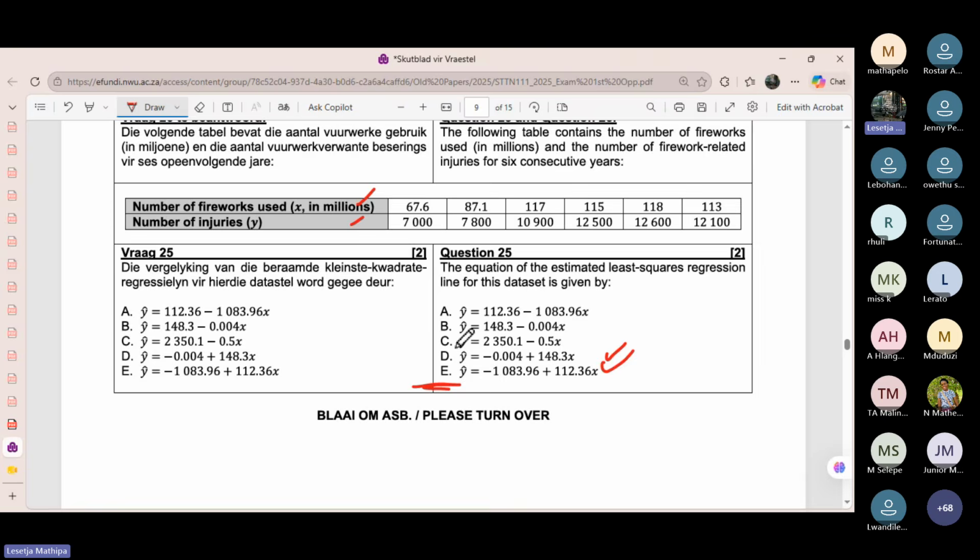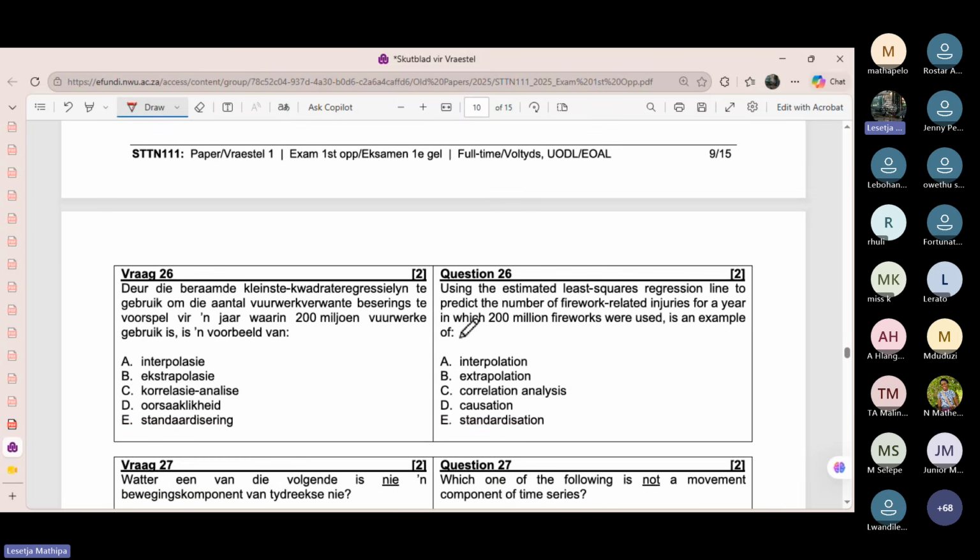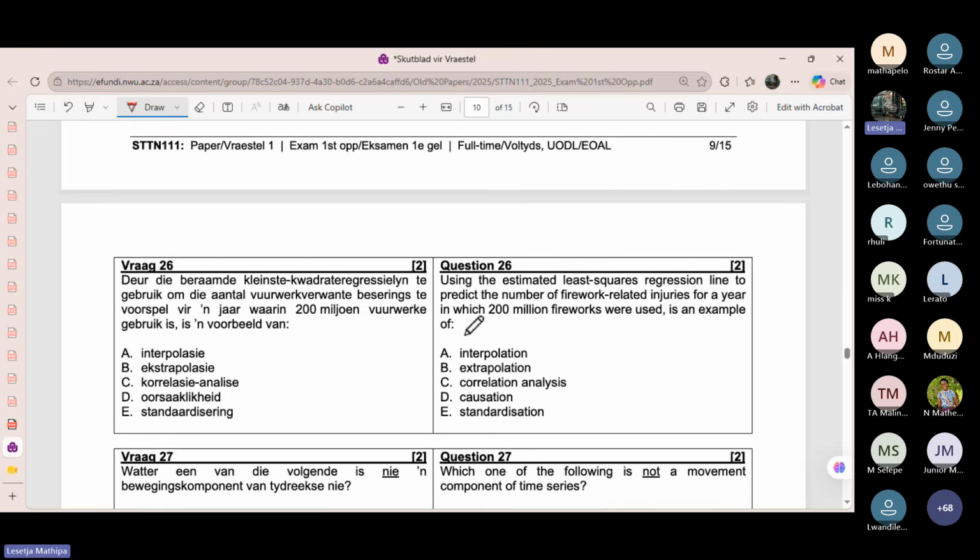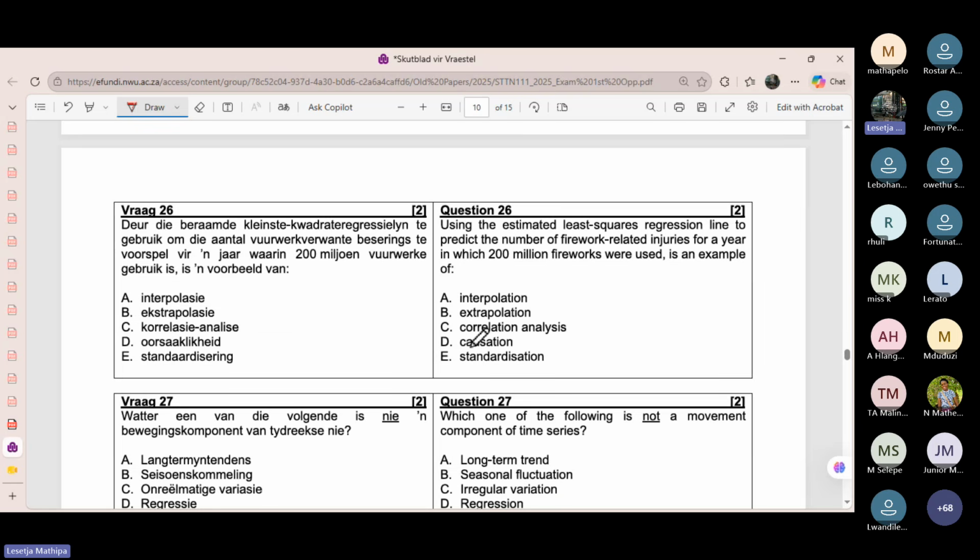All right, okay. Question 26. Now, using the estimated least square regression line to predict the number of fireworks related injuries for a year in which 200 million fireworks were used is an example of, you can see by just looking at the number that they gave you, 200 million, the answer will be extrapolation.